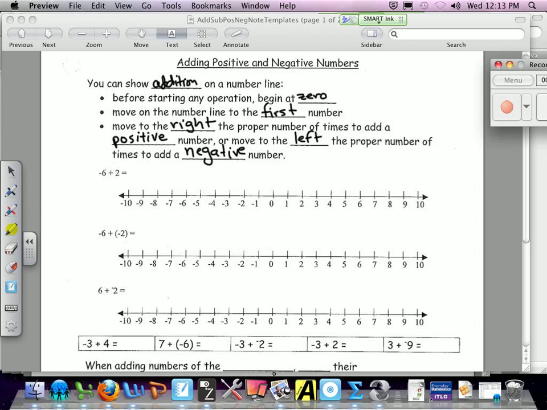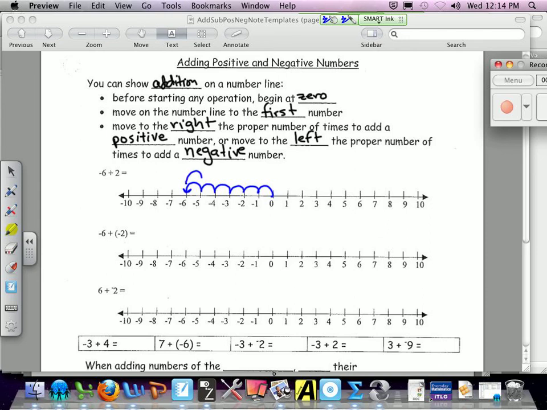For this very first example, we have negative 6 plus 2. Again, starting at 0, we're going to go negative 6. I'm going to do the bounces first. 1, 2, 3, 4, 5, 6. Don't forget the arrow shows that you moved from 0 to the negative 6. And this is plus 2.